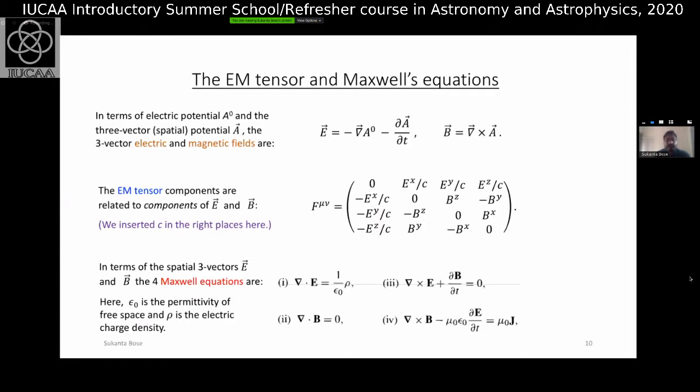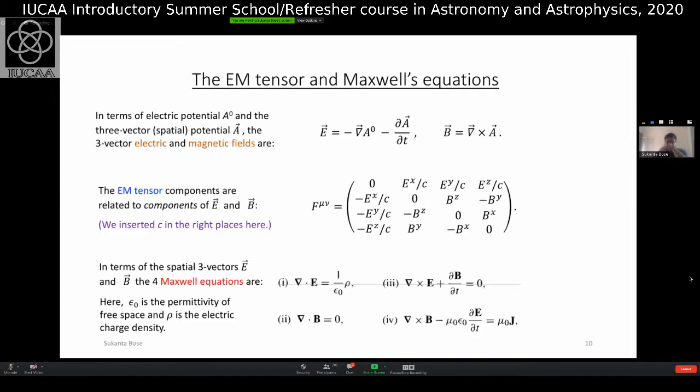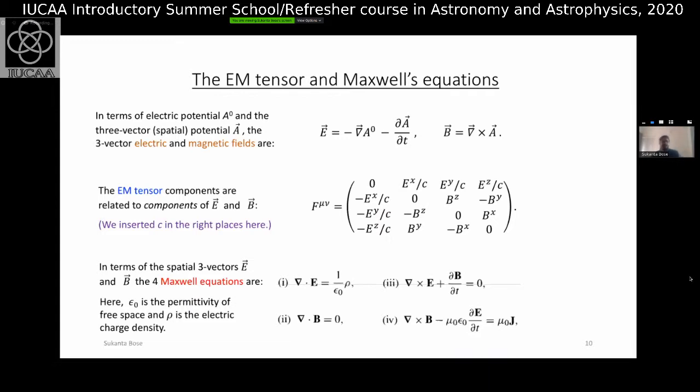Okay, and then the third question is from Dr. Bhatia. Sir, why is time component denoted by 0 and not t? That's just a choice. As I said, we have to get used to the fact that x, y, z can also be alternatively denoted by 1, 2, 3. The reason is simple.